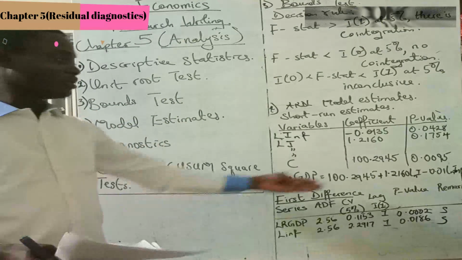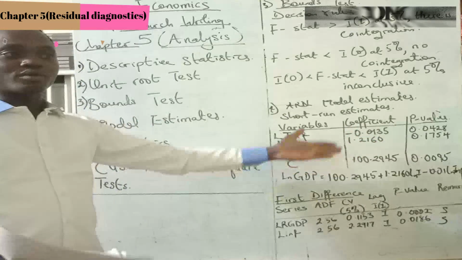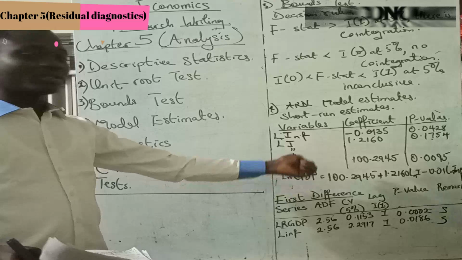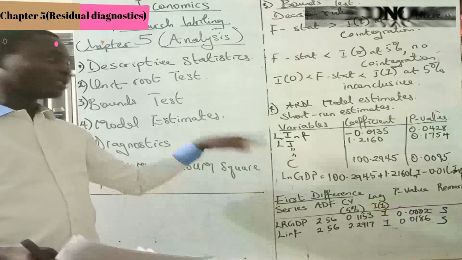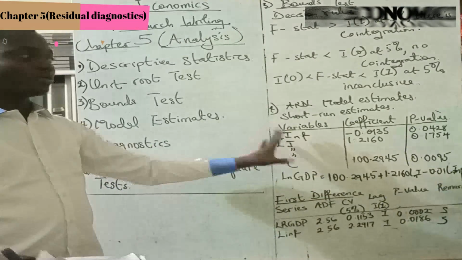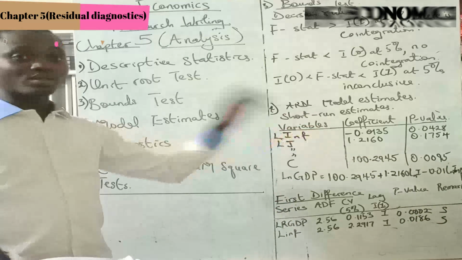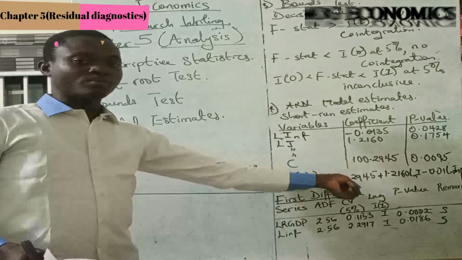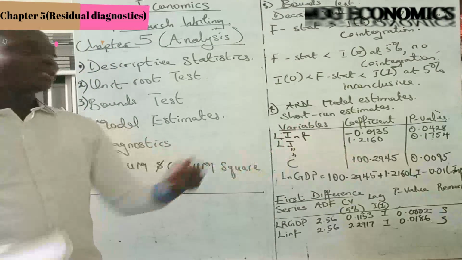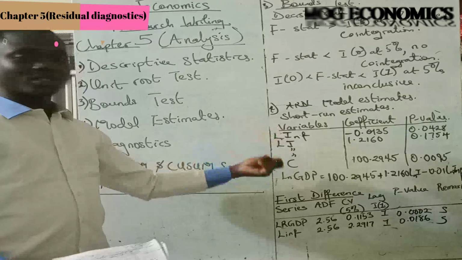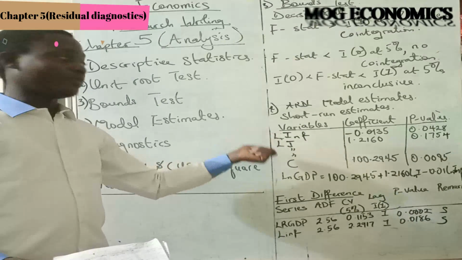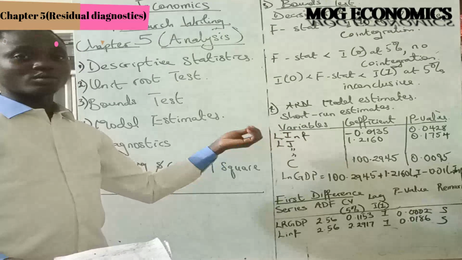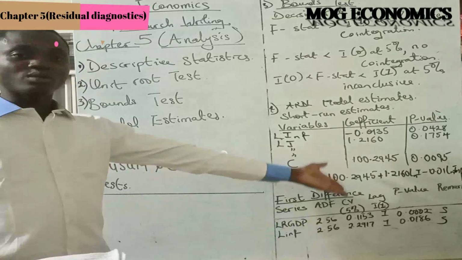But because in the model you've written out you don't have a lagged value of the dependent variable, you exclude it when drawing your table for your short run estimate. It would only be used if your model included alpha 1 plus alpha 2 lean GDP(-1). Since it is not in your model, you exclude it.